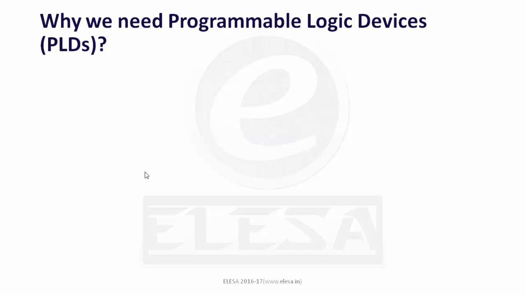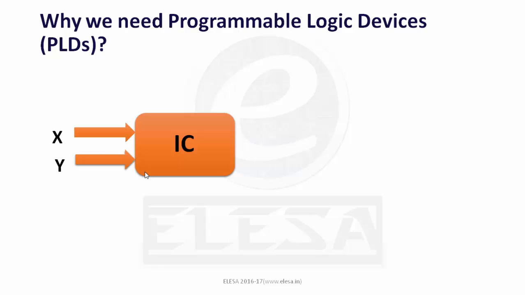Now to understand this very clearly, let's have a look at an example. Suppose I have an IC, the regular ICs that we have seen many times. Suppose this is the IC and it is manufactured to do a dedicated work. What work does this IC do? To understand this, I know that this IC has two inputs and one output.